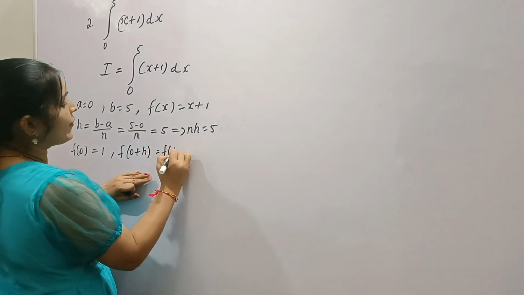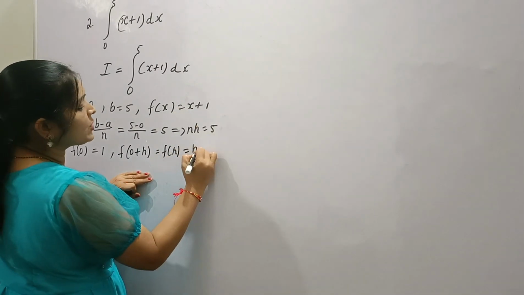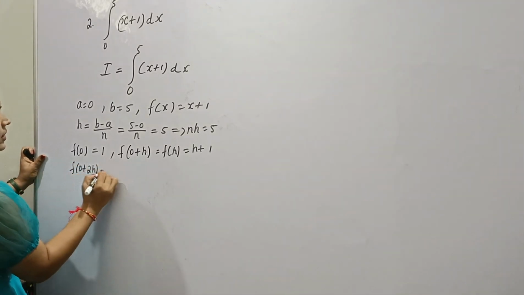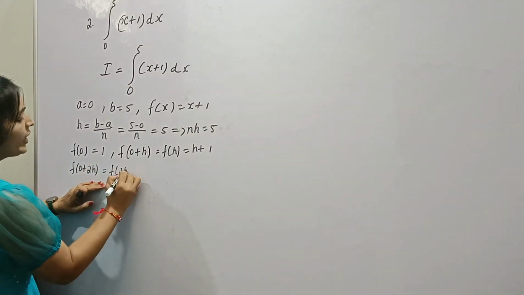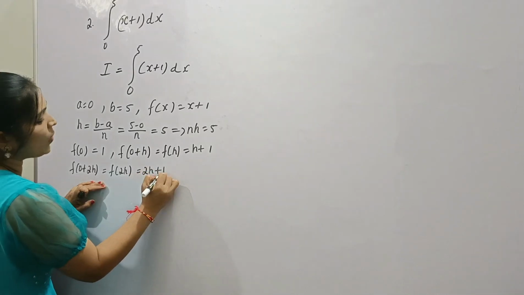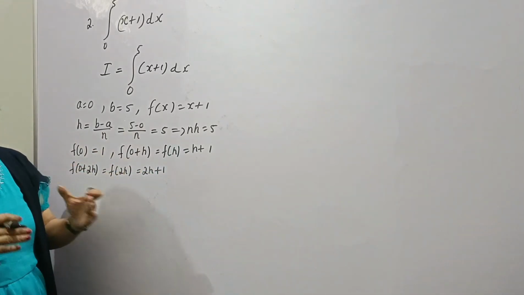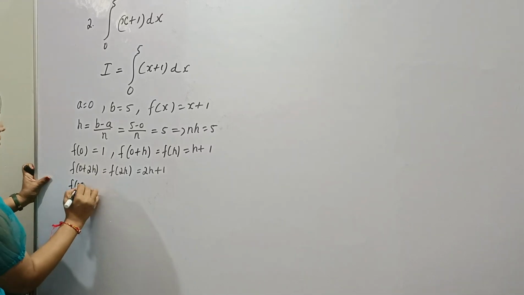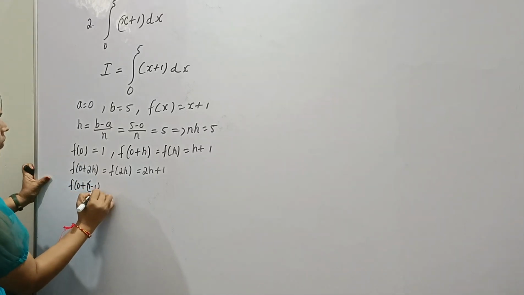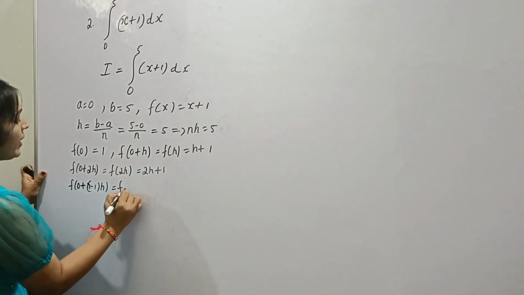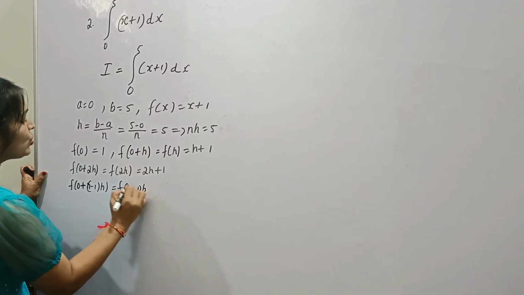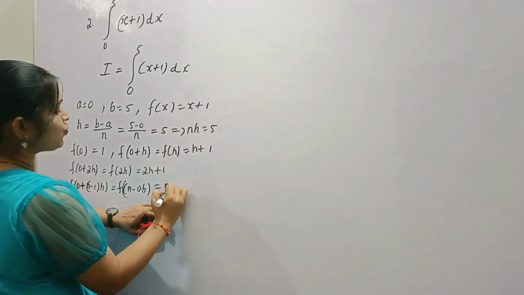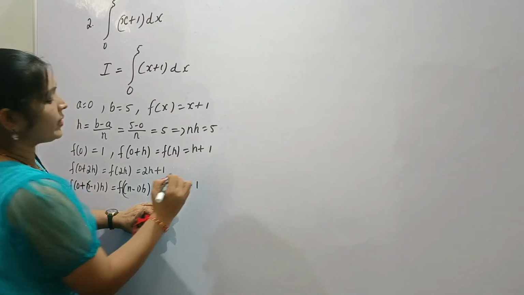Next, f of 0 plus h, that is equal to f of h, that is equal to h plus 1. Then f of 0 plus 2h, that is equal to f of 2h, that is equal to 2h plus 1, that is enough. Next we will find the last term, that is nth term. F of 0 plus n minus 1 into h is equal to f of n minus 1 into h, that is equal to n minus 1 into h plus 1.